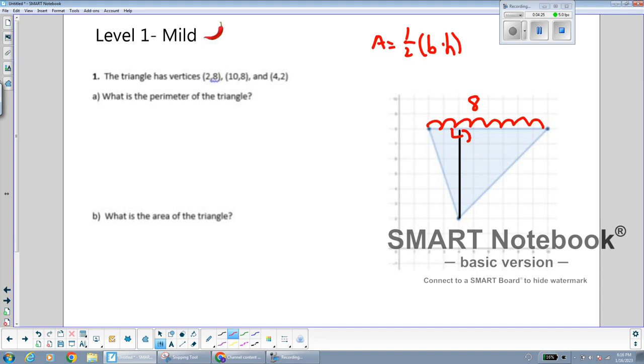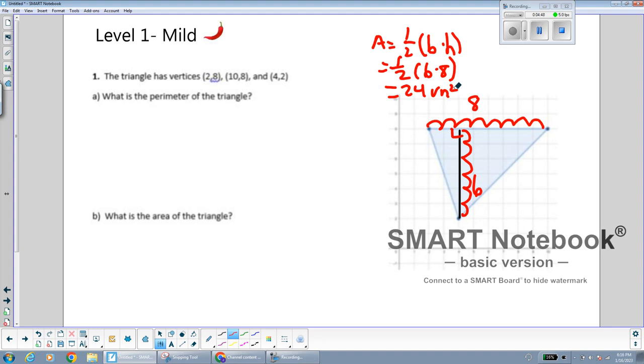And that would be 1, 2, 3, 4, 5, 6 units long, the height. To find the area of the triangle, it would be 1/2 times 6 times 8. So that would be half of 48, which is simply 24 units squared.